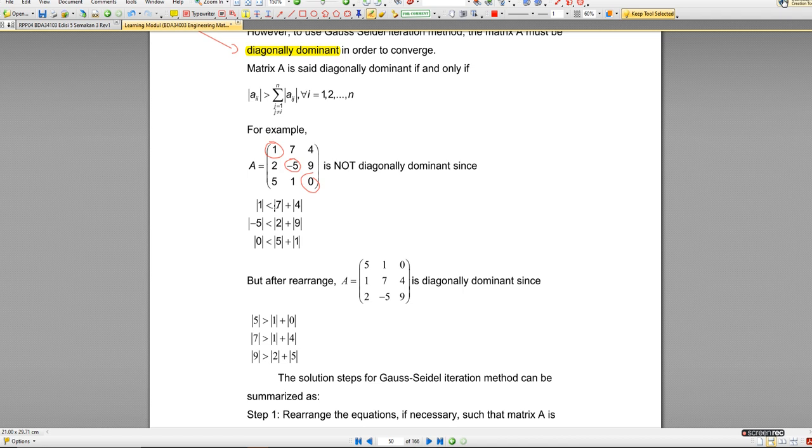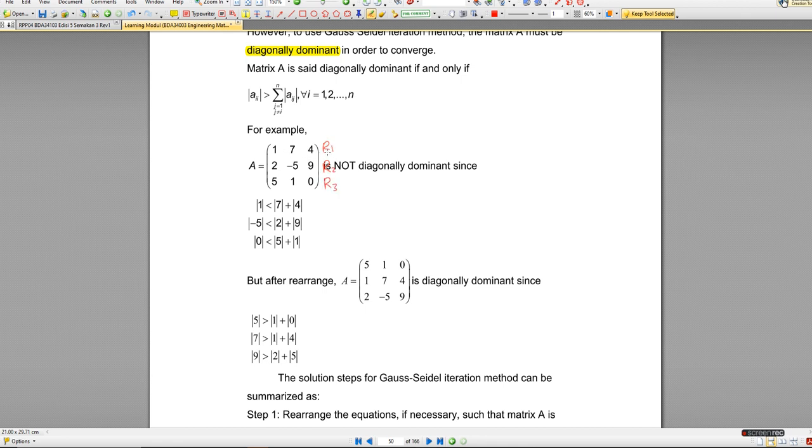Okay, let's say this one, after we arrange, we just highlight the maximum or the highest number or value in the respective row. This one row 1, row 2, and row 3.